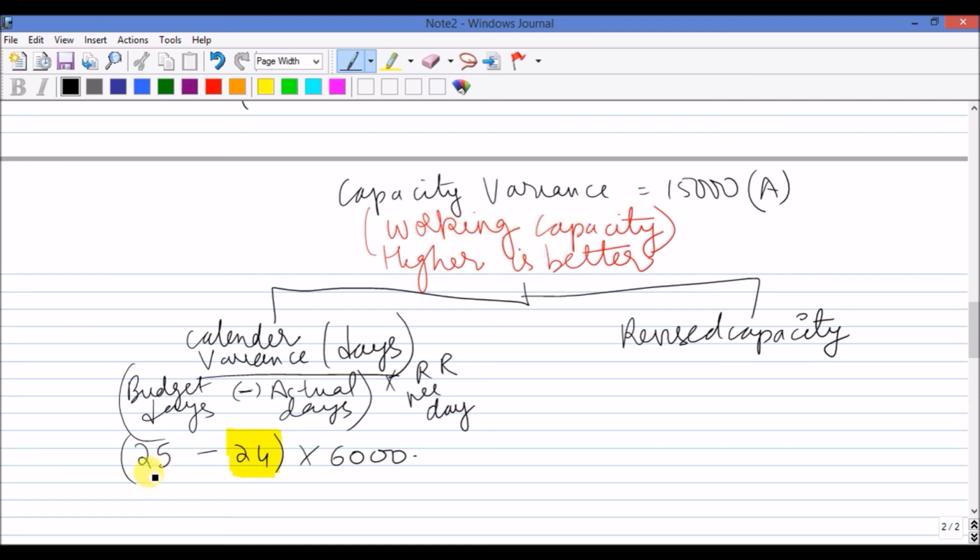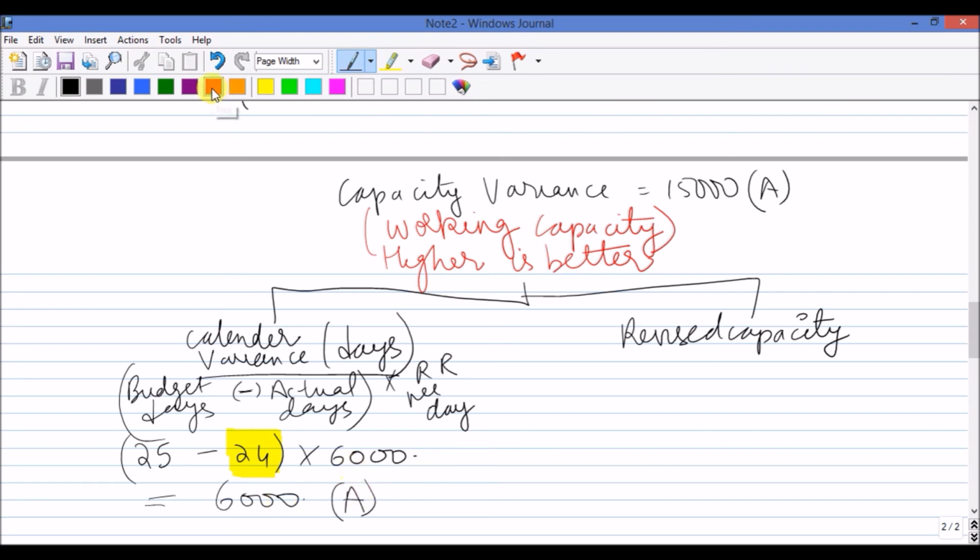So see, the working capacity has decreased, my friends. I should have worked for 25 days, but I have worked for only 24 days. In other words, the capacity has decreased by 1 day. So this is going to give you an adverse variance, and 1 into 6,000 is 6,000, so 6,000 is adverse.